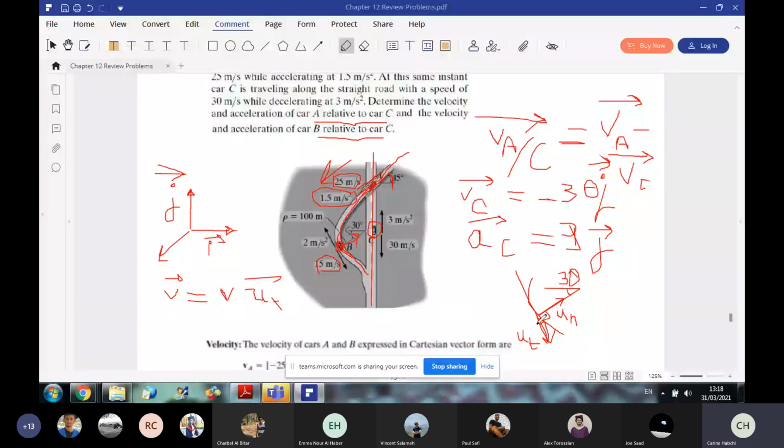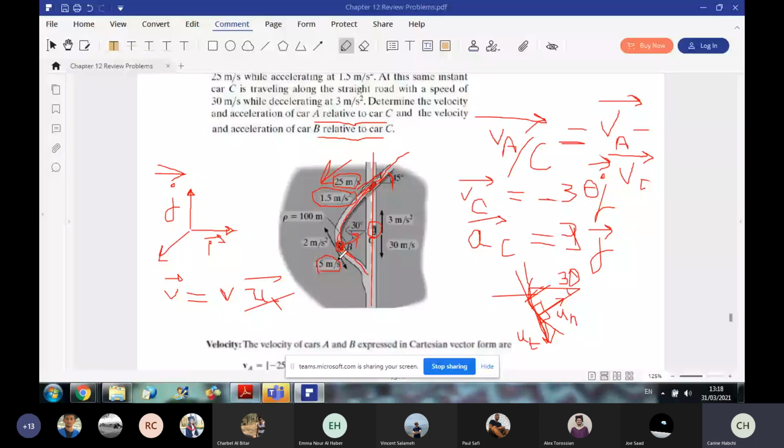So if I extend the line of action of UT, it will make an angle of 60 degrees with the horizontal, because the path is circular. So UT is cosine 60 i minus sine 60 j. Now, if I replace UT by its components along i and j, I will obtain v decomposed into i and j components.